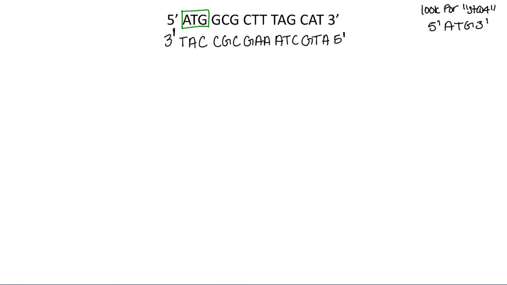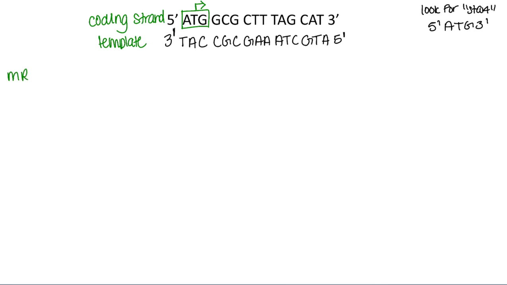So we're going to circle that, and our gene goes to the right. So here's our ATG. That would be our first codon, so AUG. Because we found our ATG, we automatically know that this is our coding strand. And so our mRNA should look like that top strand, which means our bottom strand is our template strand.